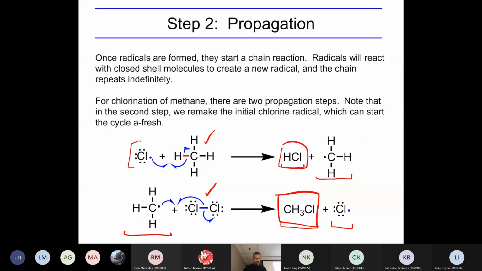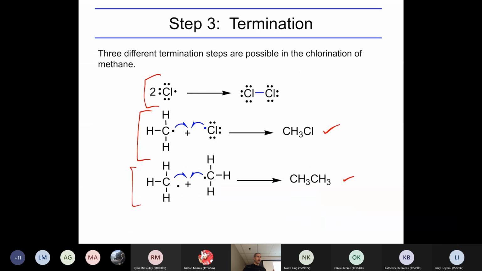You could just leave it go then, and the reaction will go through these propagation steps, but eventually the reaction will slow down as these termination steps start to stop chains. And then eventually it'll slow down and stop. You could take another picture, another flash of light, start it up again, and it'll continue. What's often done is we do this chain reaction continuously with light because we don't want it to stop.